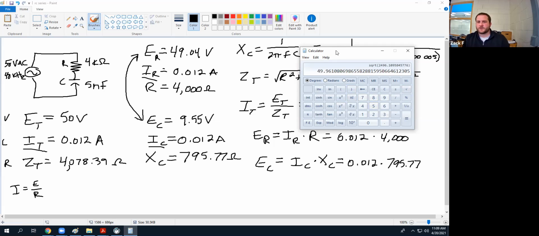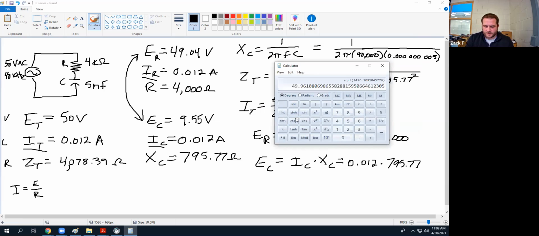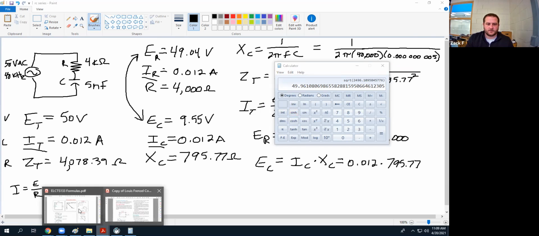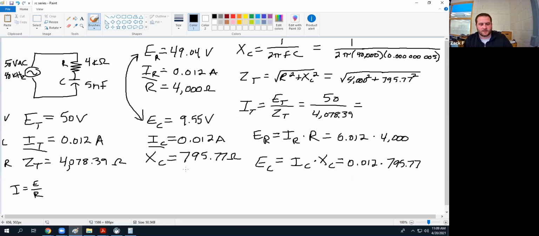Okay. So I just wanted to show you something real quick. You see on your formula sheet under total voltage, this formula here. Let's double check ourselves, shall we?